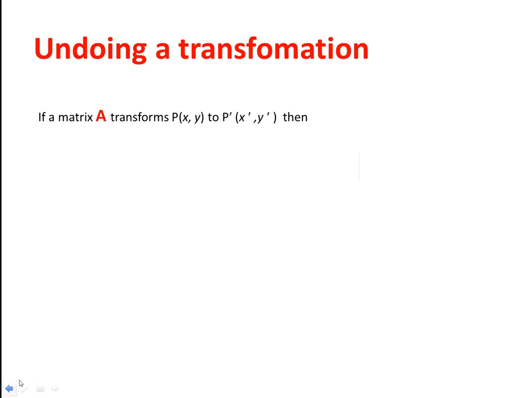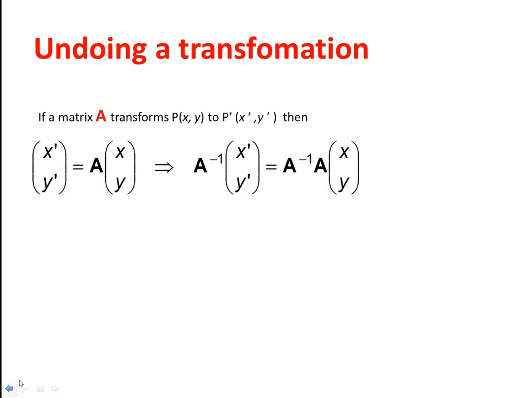Now, if we've got a matrix A which moves the point xy to the point x dash y dash, we know that x dash y dash is the result of multiplying A by xy.